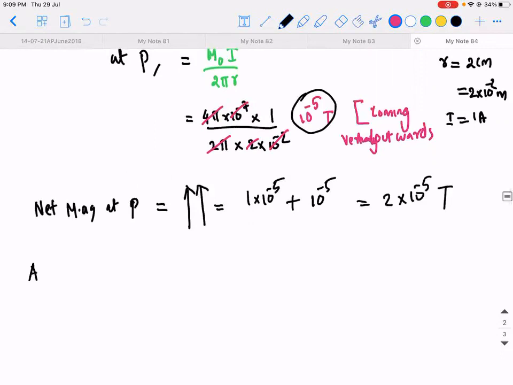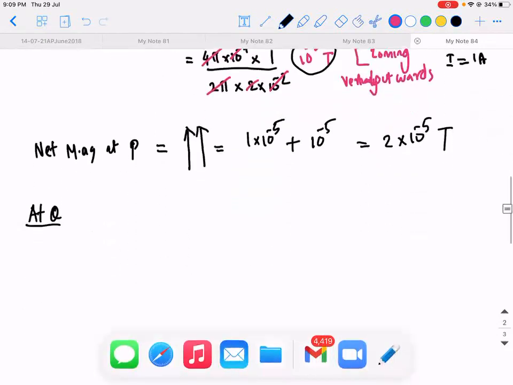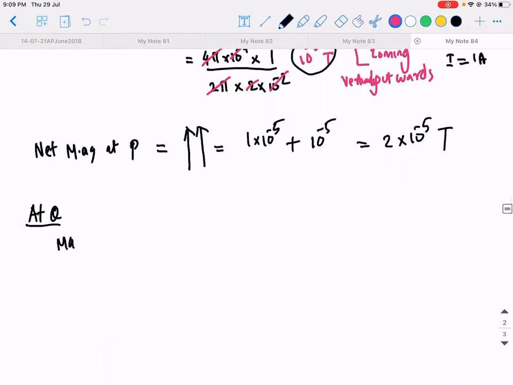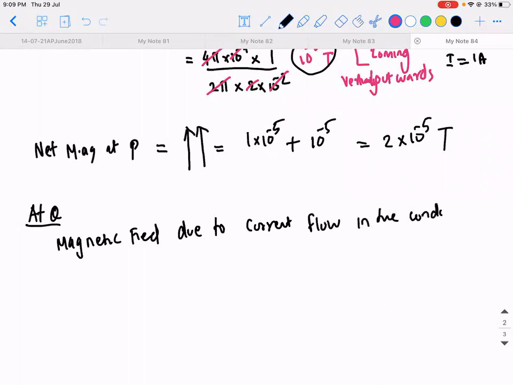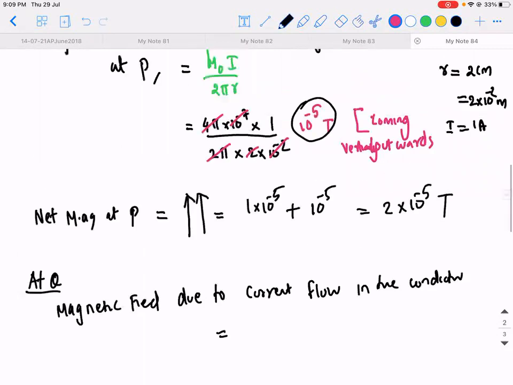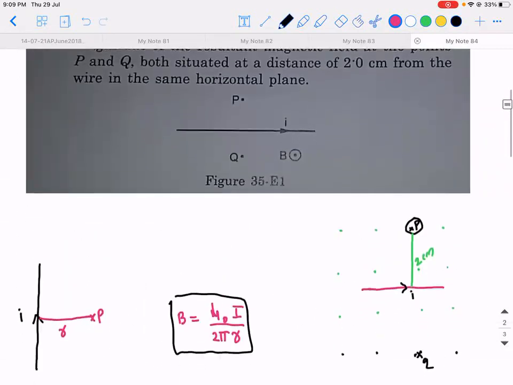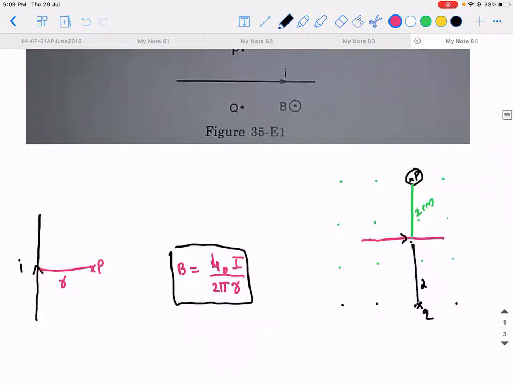Now, coming to the point Q. At Q, the magnetic field due to current flow in the conductor: the distance is also 2 centimeters, so you can see that this is also 2 centimeters away.